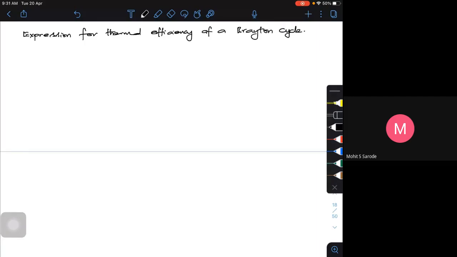So what is your heat supplied? Heat supplied at constant pressure. Heat rejection is also at constant pressure. Therefore, your work done is equal to heat supplied minus heat rejected.